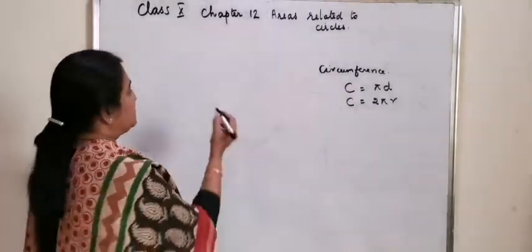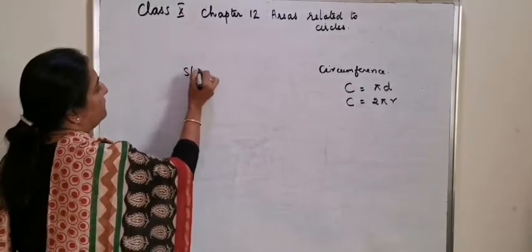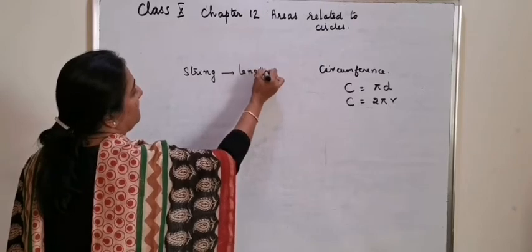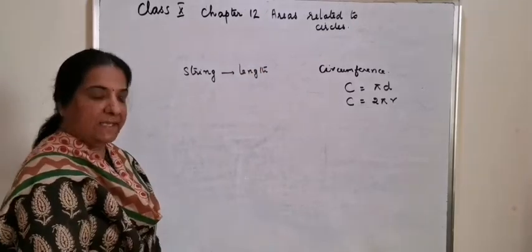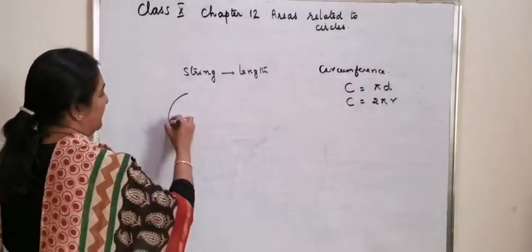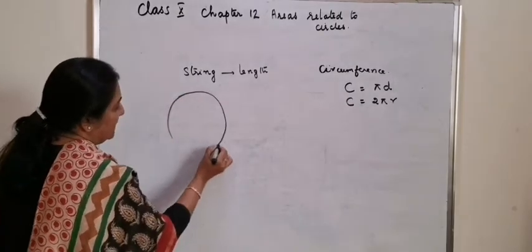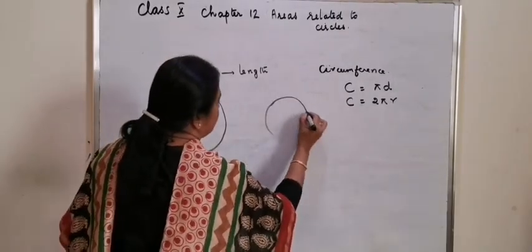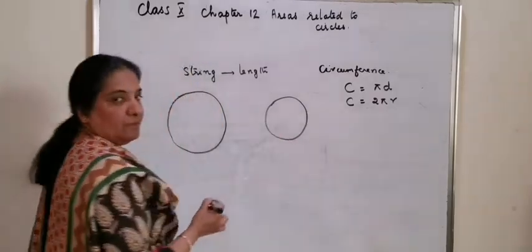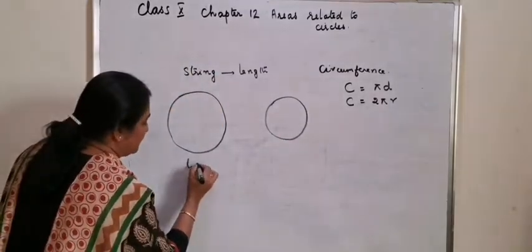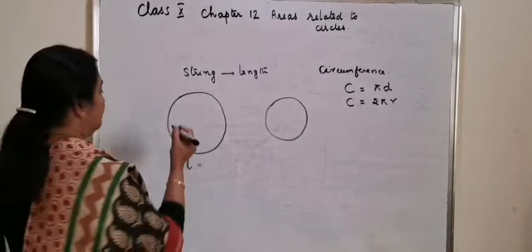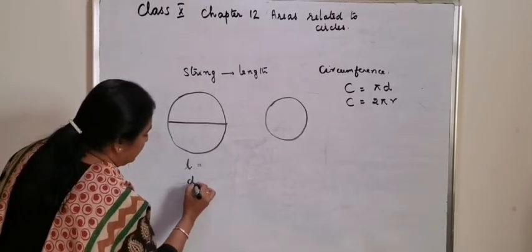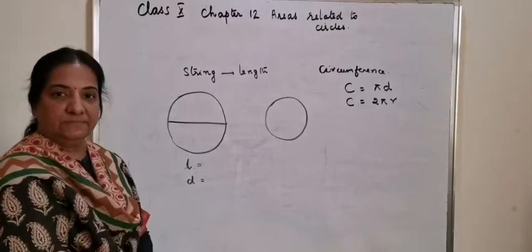Imagine strings of different lengths are taken, and they are arranged in the shape of circles. You know the length of the string, and from the circle made you can find the diameter of the circle.